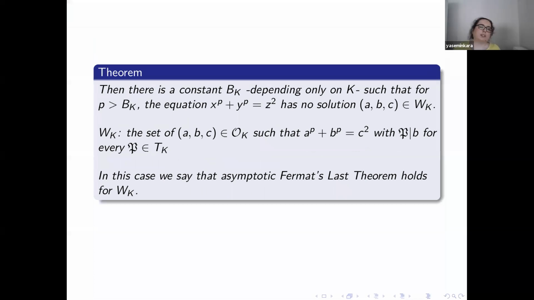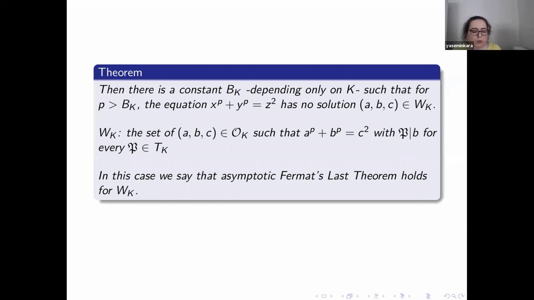So if these criteria are satisfied, then again you can find a constant depending on k. But in this case, we are able to prove that for p bigger than this constant, the equation has no solution, but this solution has a special type.